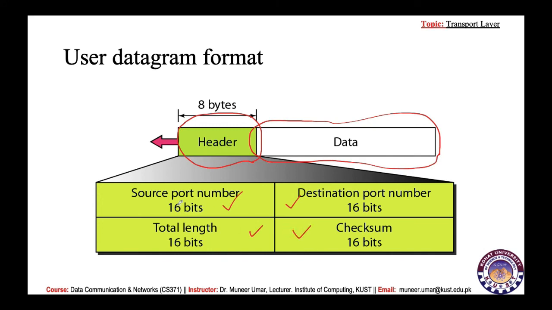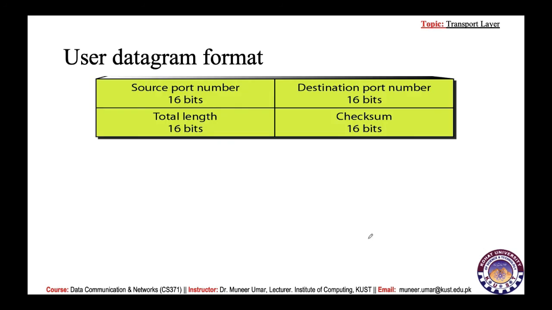The first one is the source port number. We have already studied port numbers, and its size is 16 bits. Then we have the destination port number, that is also 16 bits. The total length identifies the size of header plus data, and then the checksum. Checksum is an optional part in UDP, and this is used for error detection.